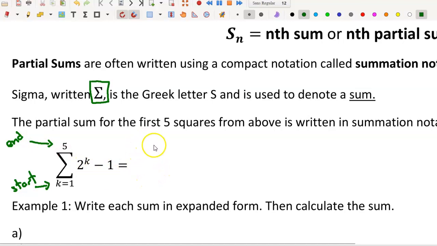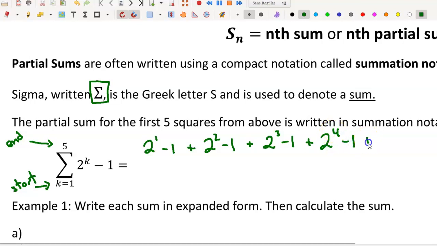In other words, it looks like this: 2 to the 1 minus 1, plus 2 to the 2 minus 1, plus 2 to the 3 minus 1, plus 2 to the 4 minus 1, plus 2 to the 5 minus 1, and stop. So again, this number down here, k equals 1, is just where we start.